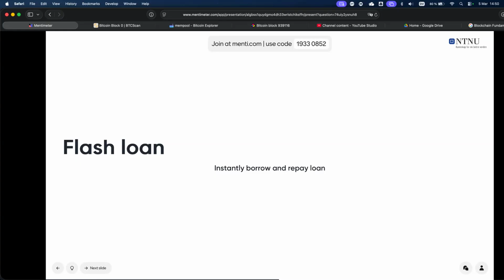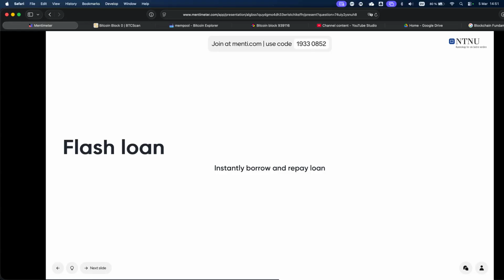But if that transaction happened, that means you took the money, you did something, and then you repaid the loan. So it has to happen. So my risk of giving you this loan is 0. I have 100% assurance you're going to repay me that loan. It's not possible for you to take the money, do something, and not repay me, because it's baked into the transaction. It has to happen atomically. If you didn't repay, that means the transaction didn't happen. So the risk is 0.